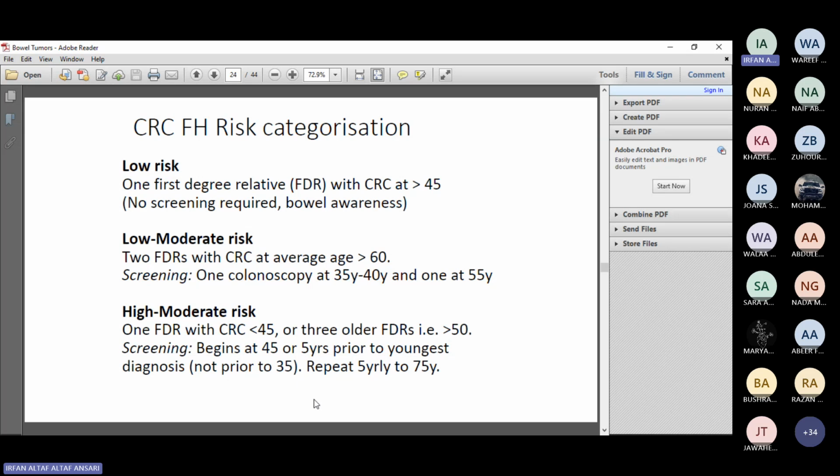Screening here should begin at 45 years or 5 years prior to the youngest. Suppose someone was diagnosed at 45 years of age, the screening should start at 40 years of age. Repeat 5 yearly up to 75 years of age.